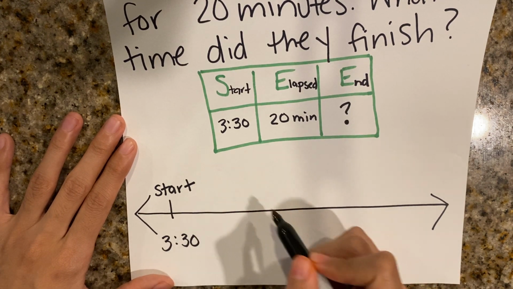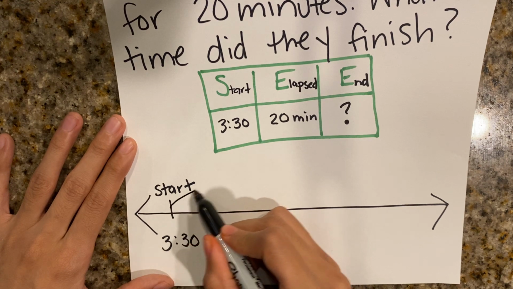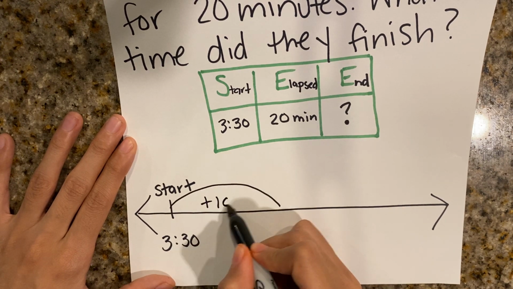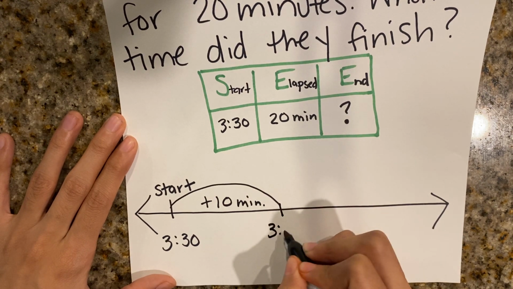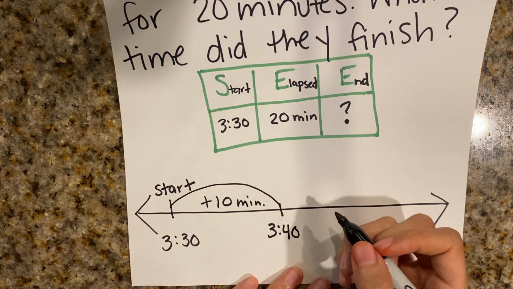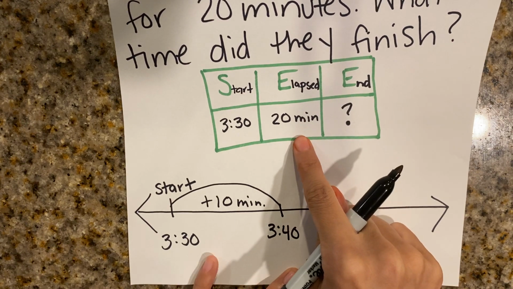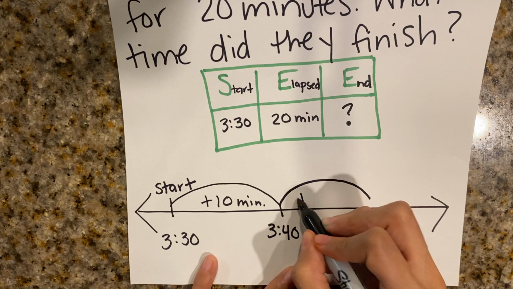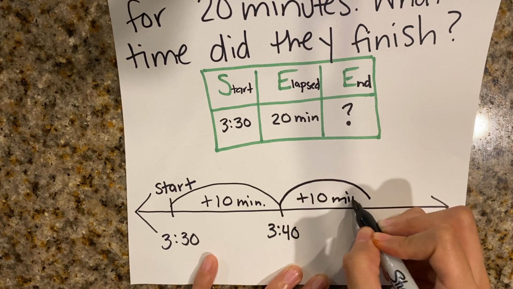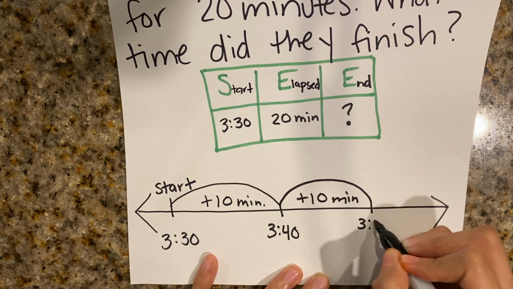So here we can go ahead and add by 10. If I add 10 minutes, it is now 3:40. Now I have to add a full 20 minutes. So far I've only added 10, which means I need to add the last 10. If I add the last 10, now it is 3:50.